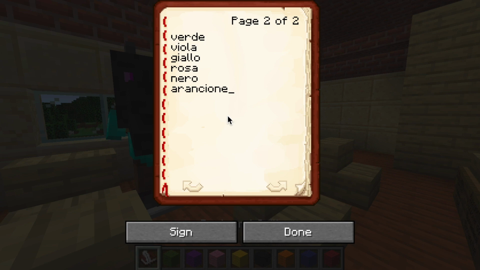Ghetto is a word derived from, I think, Italian maybe, but I'm not too sure. So it's arancione, a quick roll of the R, and the ci and gi sounds all at once.